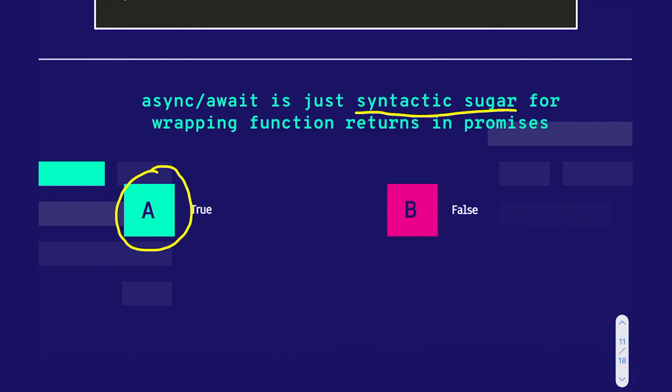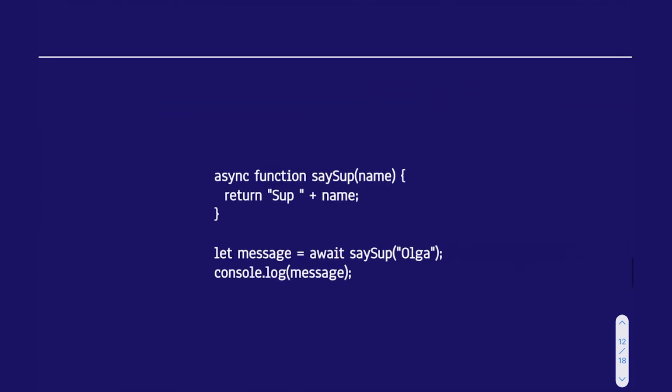async await is just a way of wrapping function returns and promises in a way that looks nicer to the eye when you're reading the code, right? So let's go over this code here. We've got this async function say sup, and we're calling it down here, and we're storing that into the message variable.